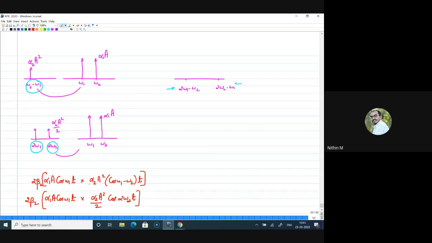If you look at these two terms, they will definitely give a product. I hope the cosine multiplication will be easy for you. So I can directly draw the components at the output as one at 2 omega 1 minus omega 2 and another one at 2 omega 2 minus omega 1. And what will be the amplitude of that?